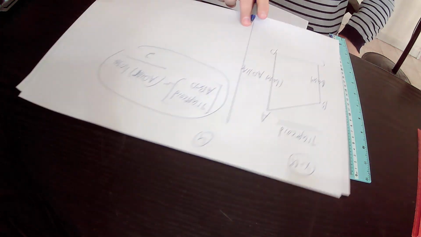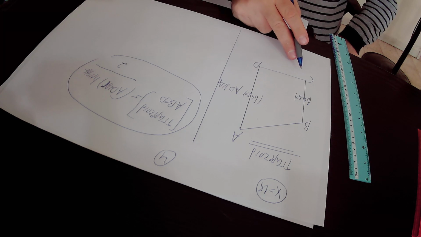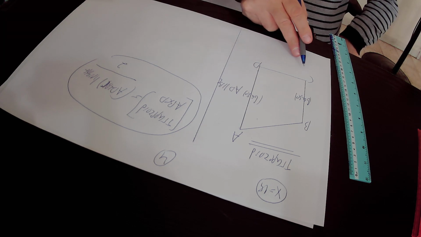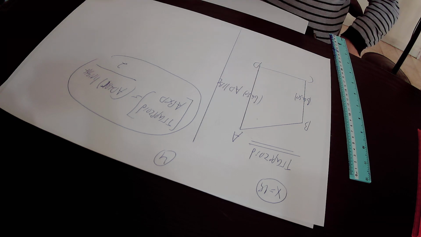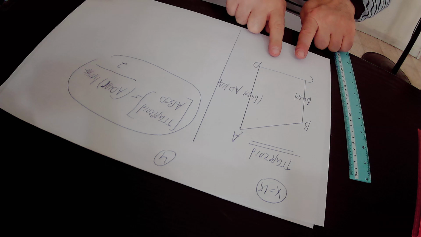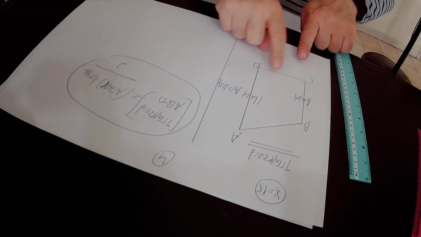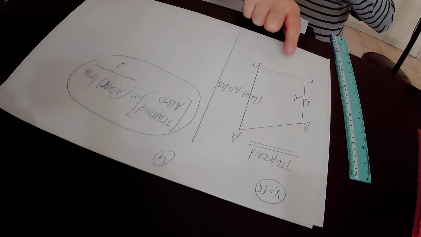The height must create 90 degrees with the two bases. Again, the height must create 90 degrees with the two bases. The first base is AD and the second base is BC. So if side CD creates 90 degrees with the two bases, that is, if this angle equals 90 degrees and this angle equals 90 degrees, then the height is CD.